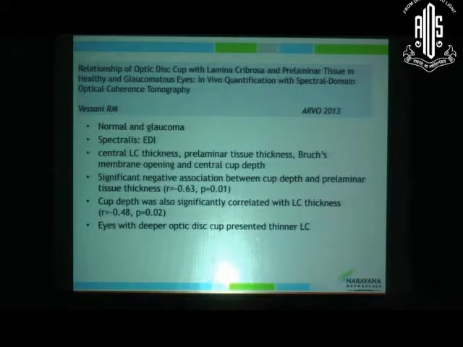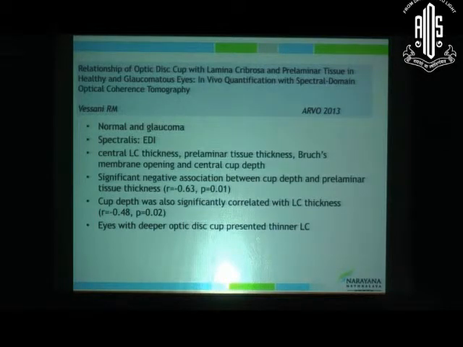A couple of slides, or posters rather, which I saw and thought were interesting at ARVO last year were using the EDI scans on the Spectralis, where they looked at differences in the cup depth and the level of the lamina cribrosa, and they saw that there was a negative association between the cup depth and the prelaminar tissue thickness, as was expected.